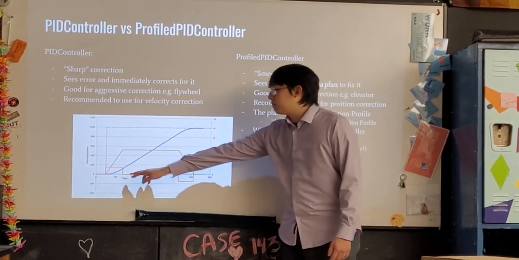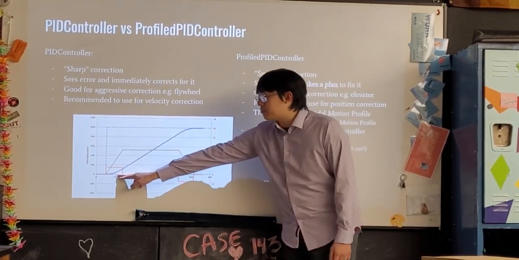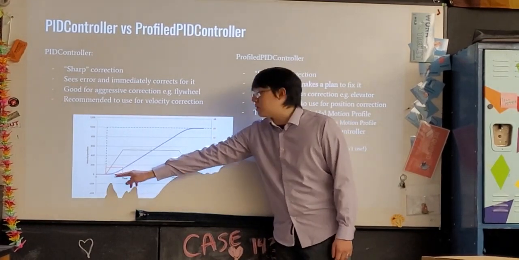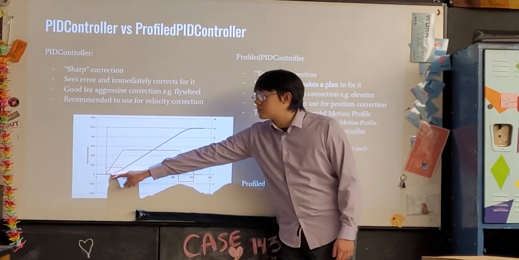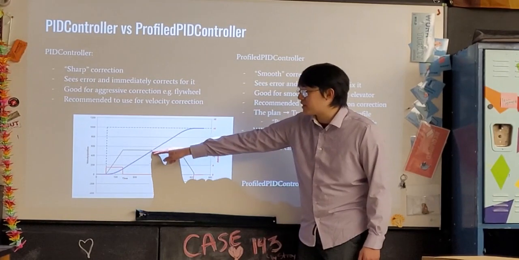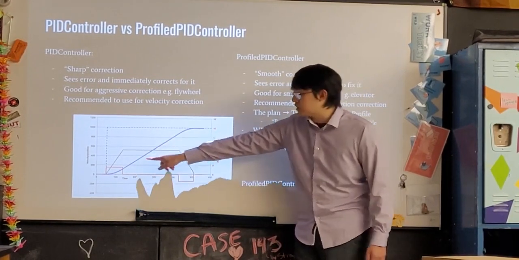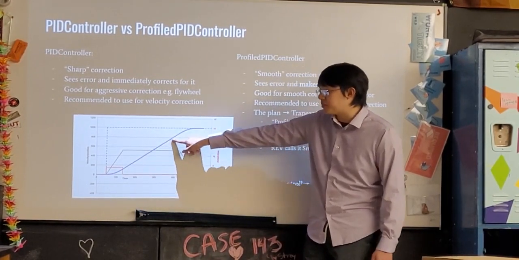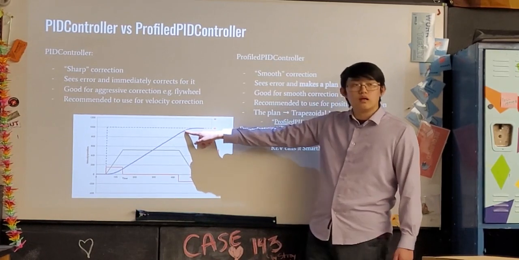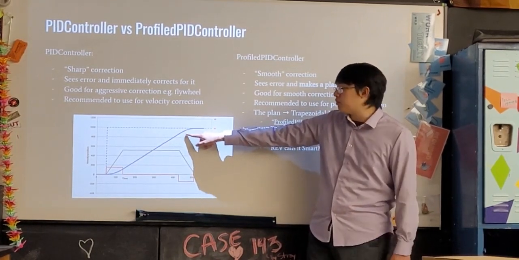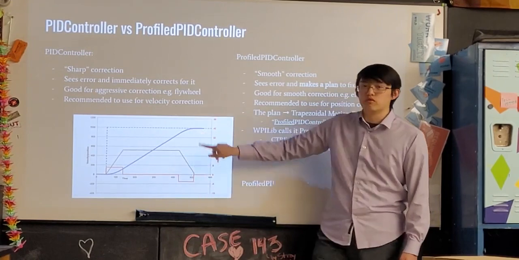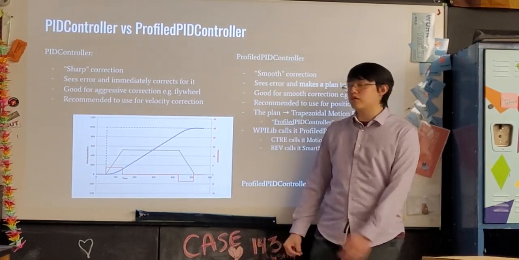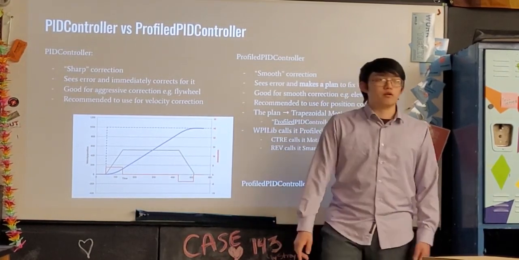Notice at the beginning it's a little bit curved because your velocity is increasing. In the middle, it's rising at a very steady pace to its set point, and near the end it will smooth out, curve, and slow down near its set point. That's what a trapezoidal motion profile does.